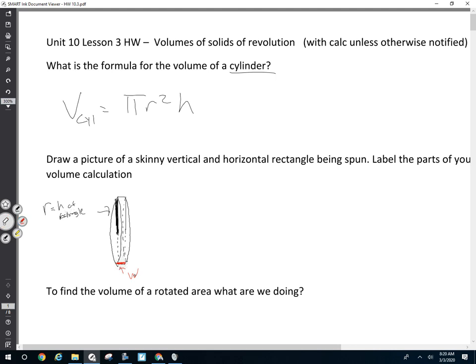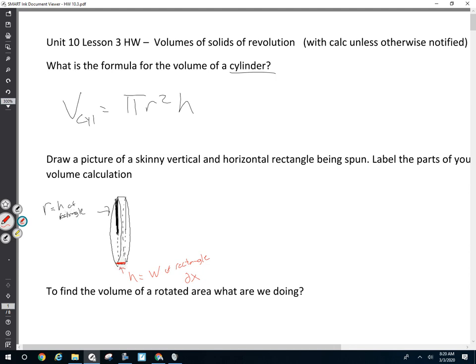So H in our formula, the height of my cylinder, ends up being the width of the rectangle. And since it's infinitely skinny, the width is a small change in x.